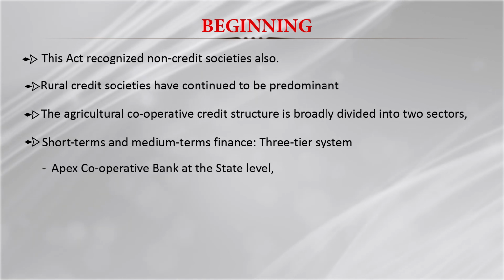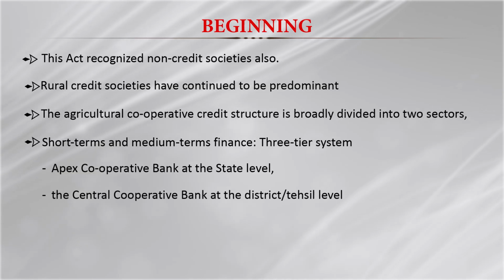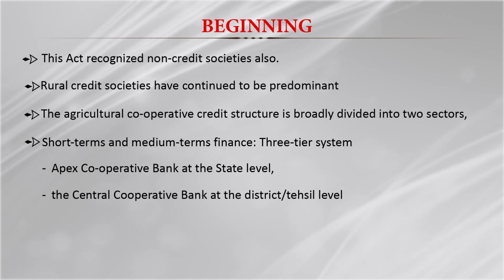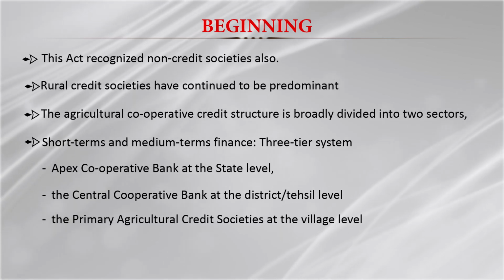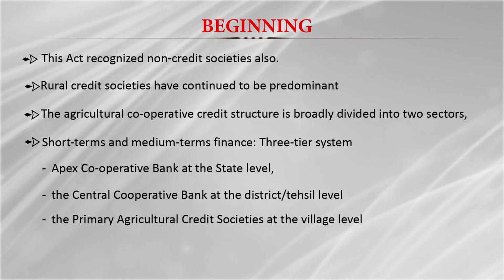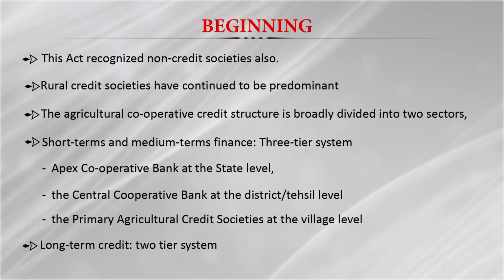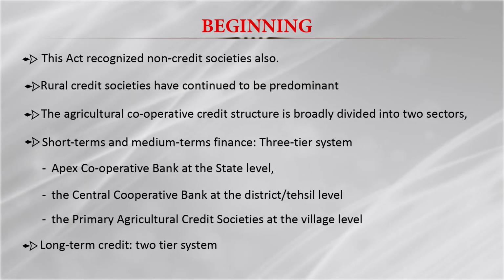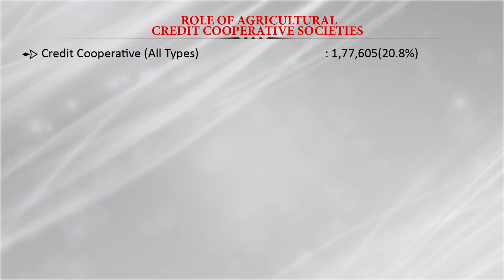At the apex level we have the state cooperative banks, then at the district level we have the central cooperative banks, sometimes at the district and tahsil level, and we have the primary agricultural credit society at the village level, that is the grassroots level. In the case of long-term credit, we have two types of societies, one at the state level and the other at the district or tahsil level, or sometimes the village level also. And here you can see the role of the credit cooperative societies in the country.